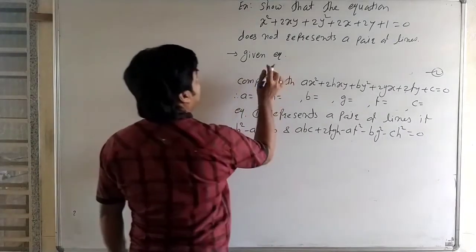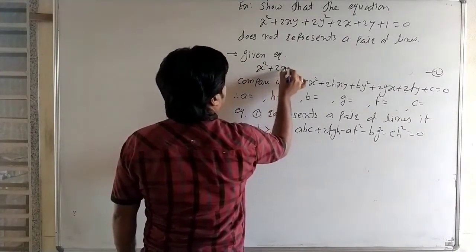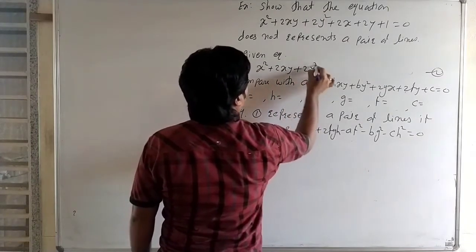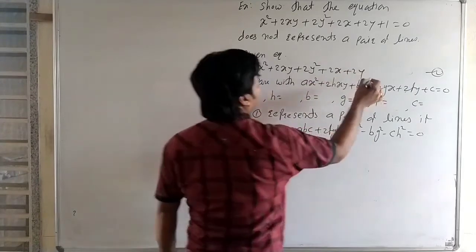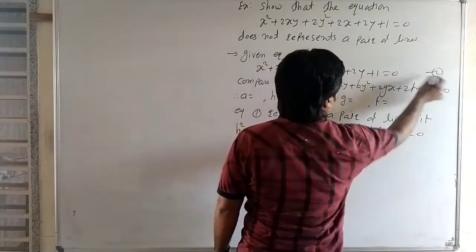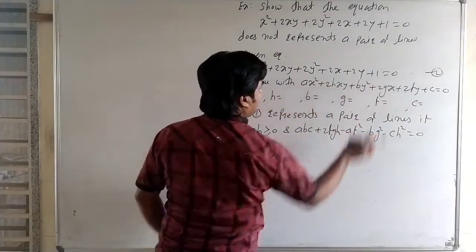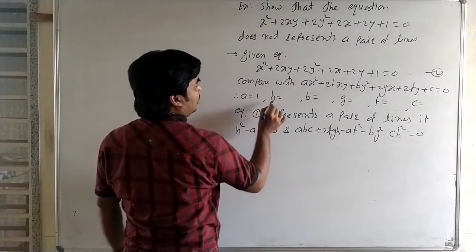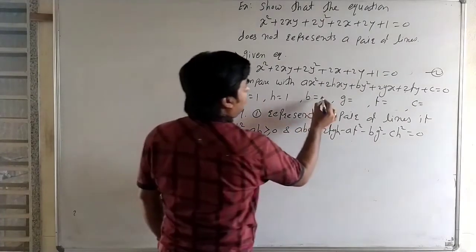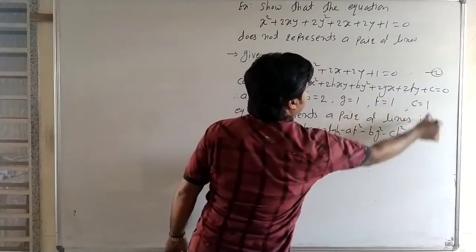Now the given equation it is x square plus 2xy plus 2y square plus 2x plus 2y plus 1 equal to 0. It is equation number 1. Compare with ax square plus 2hxy plus by square plus 2gx plus 2fy plus c equal to 0. Therefore a is equal to 1, h is equal to 1, b equal to 2, g is equal to 1, f is equal to 1 and c is equal to 1.